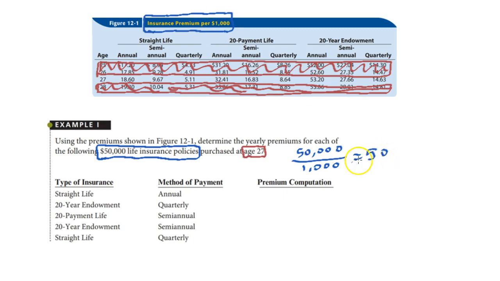So we have to take that 50 and multiply it by 1860. So that gives us, I'll use an X so you don't get confused with the decimals. That gives us $930.